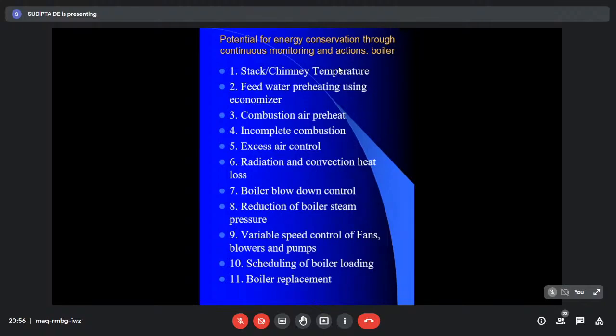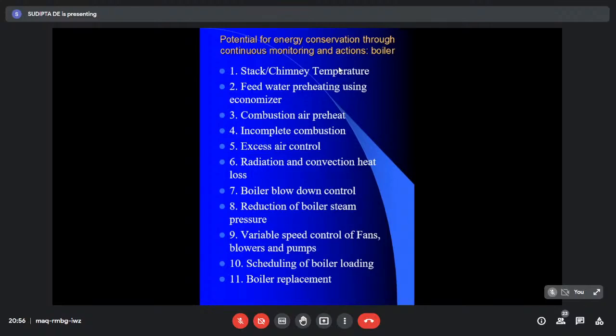More fraction of carbon monoxide, CO, in exhaust gas indicates incomplete combustion. Full stop.